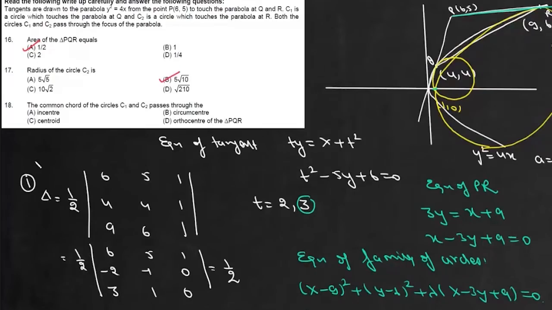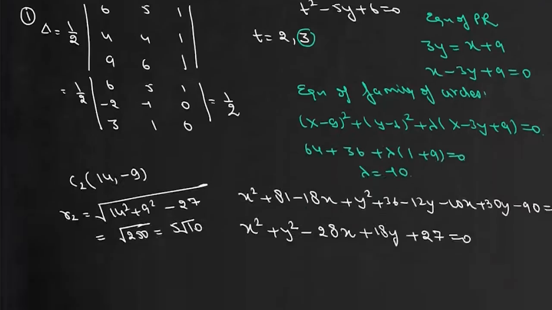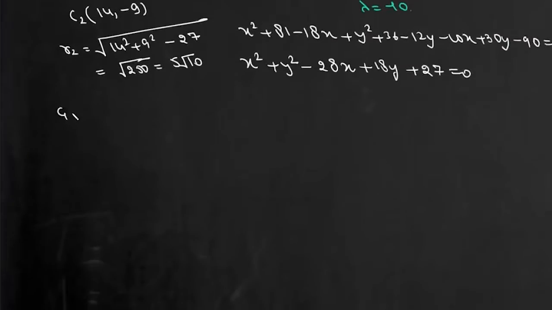And the next part is: the common chord of the two circles passes through which of the following centers of this triangle PQR. For this again we have to find the equation of the circle C1. For circle 1, the equation of the tangent will be given by 2y equals x plus 4, or x minus 2y plus 4 equals 0.